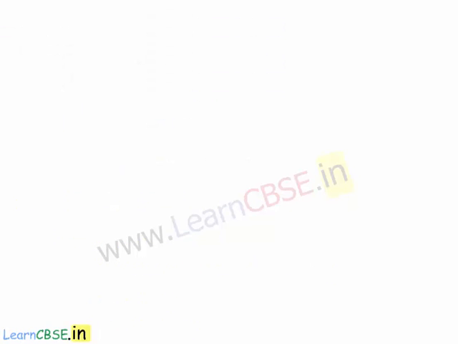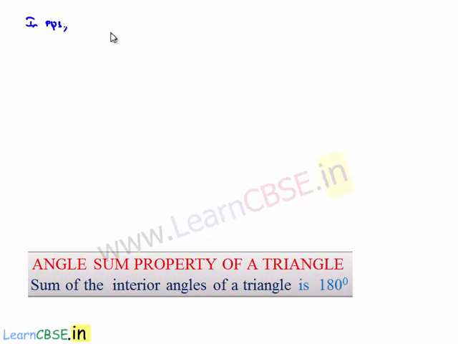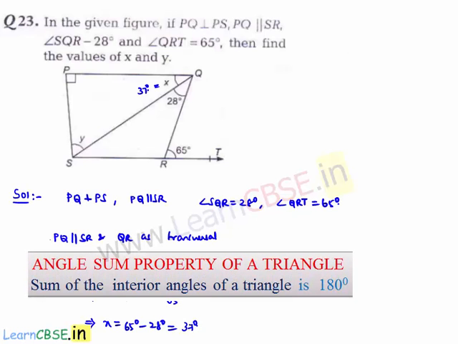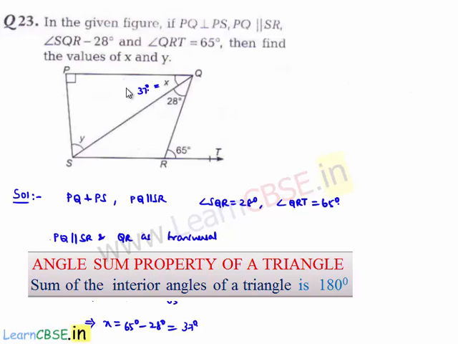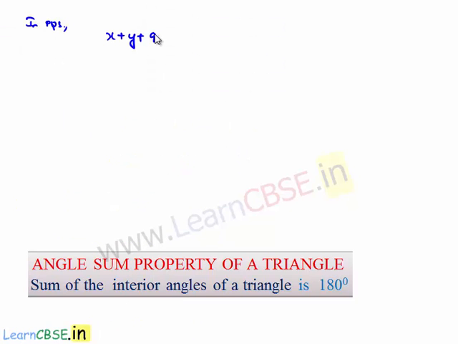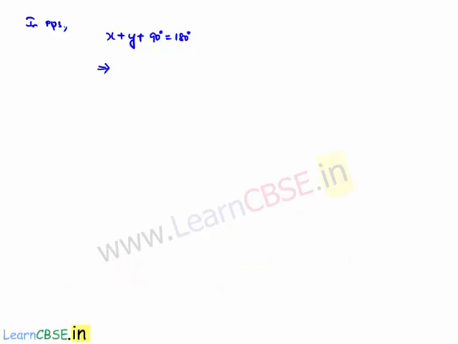Now in triangle PQS, by applying the angle sum property, we can say that the sum of angles is equal to 180 degrees, that is X plus Y plus, here the angle QPS is given as 90 degrees, that is equal to 180 degrees, which implies we know angle X is equal to 37 degrees plus Y plus 90 degrees is equal to 180 degrees.